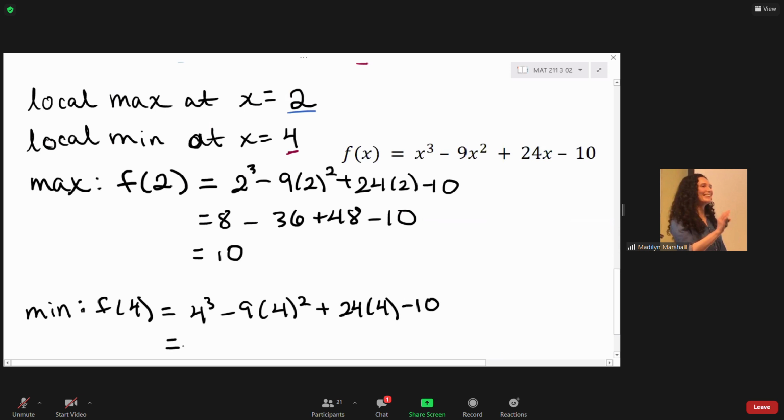I'm going to do that in the calculator. 64 minus 72 plus... I just did it in the calculator and the result is 6. Oh, okay, gotcha. Much easier.